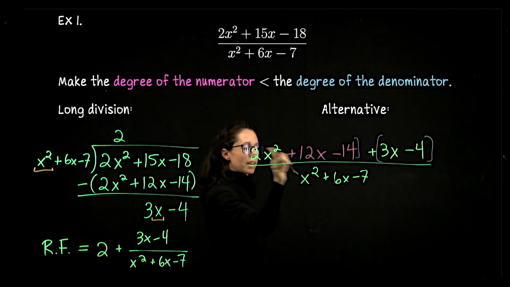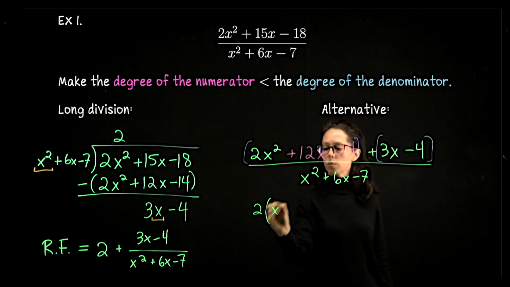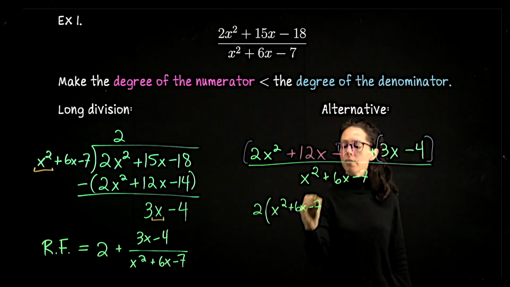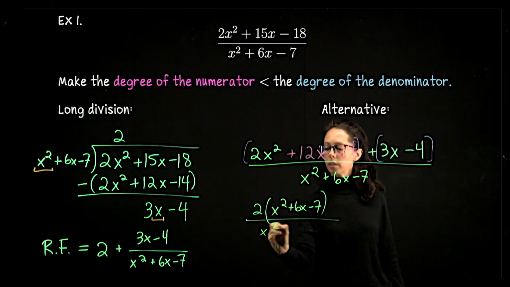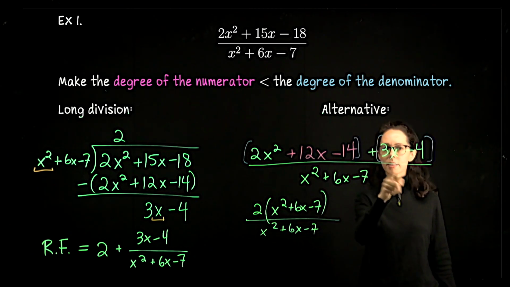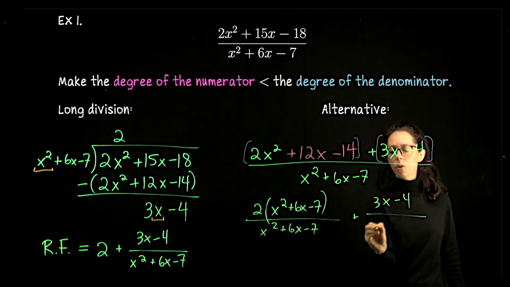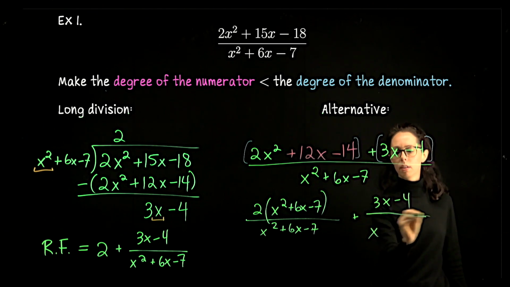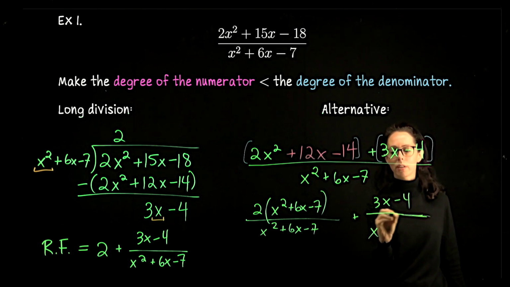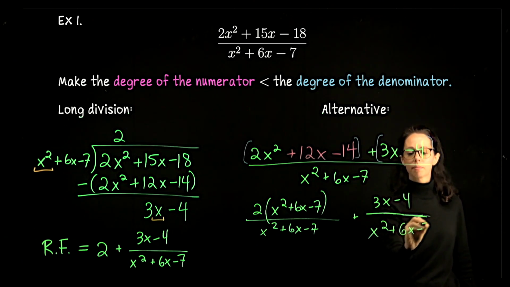If I take this and set it over the denominator, I can even factor out the 2 to write 2 times x squared plus 6x minus 7 all over x squared plus 6x minus 7. And then plus the rest of it. So plus 3x minus 4 over x squared plus 6x minus 7.